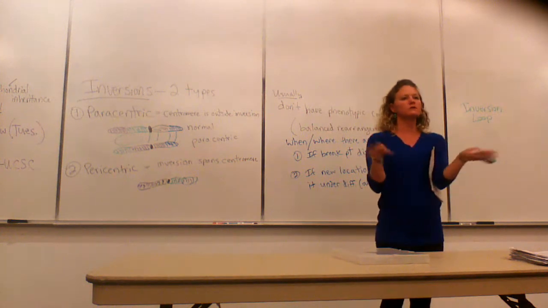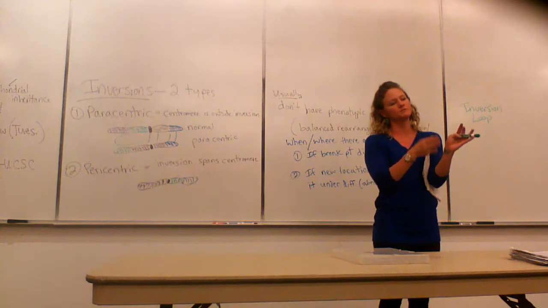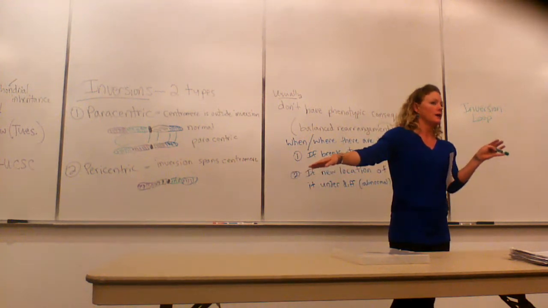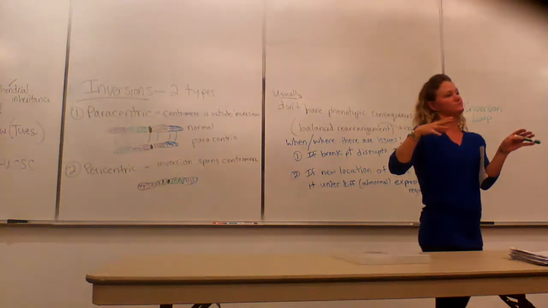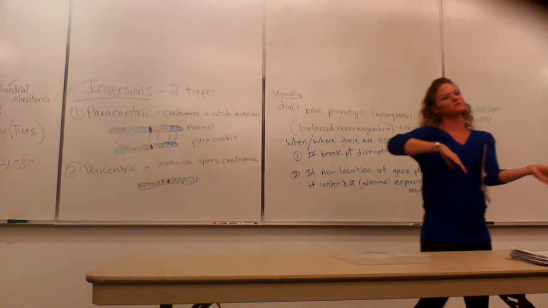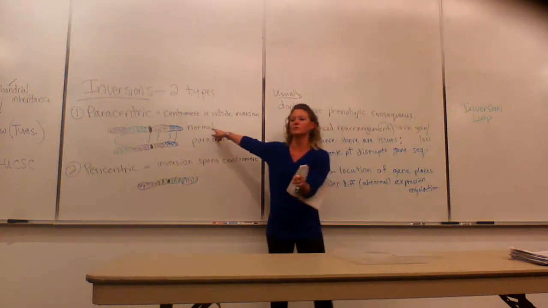What they do, and you can look in your textbook if you're interested, is the one chromosome does this crazy roller coaster loop-to-loop formation, and it still manages to match up just fine because it inverts itself, like it flips its own sequence around so that it'll match up to the normal.